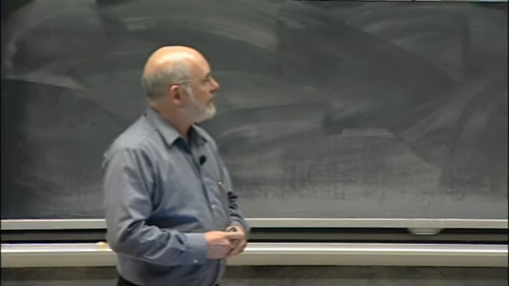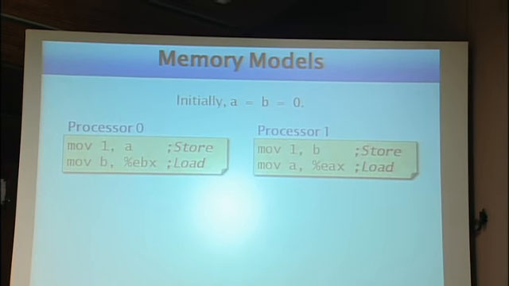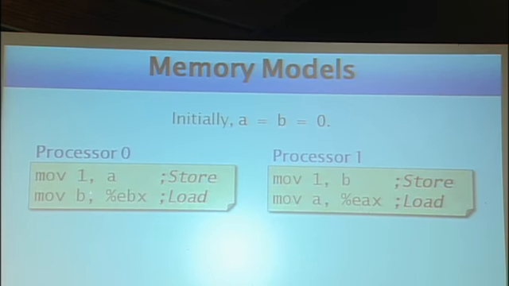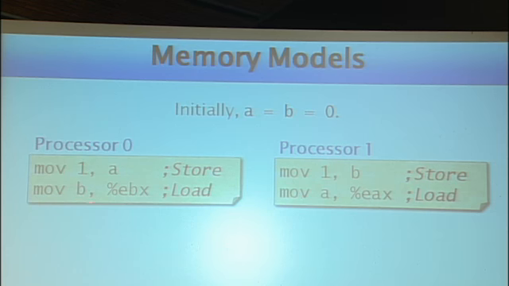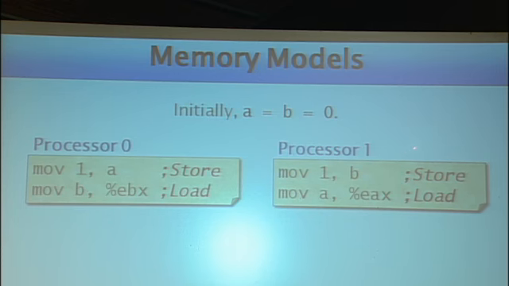Here's a very simple parallel program. Initially, A and B are both 0, and processor 0 moves a 1 into A, and then it moves whatever is in location B into the EBX register. Processor 1 does something complementary.